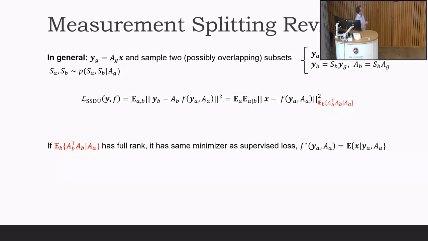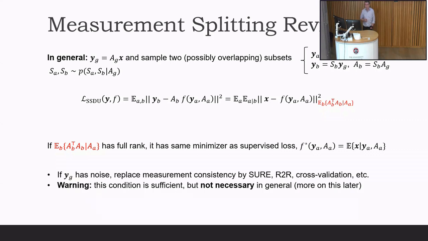So now I need that, conditional on the set that I want to build my estimator for, the rest of the operators span the full space. Then again, I have something that's equivalent to supervised loss. I have the same minimizer, and I can, in theory, learn my conditional expectation for that mapping.